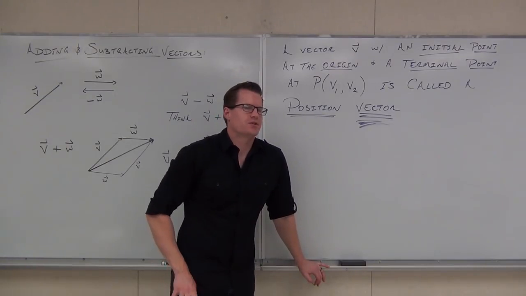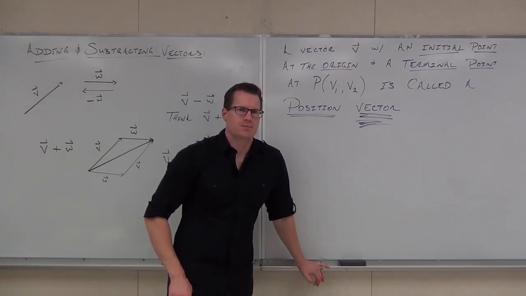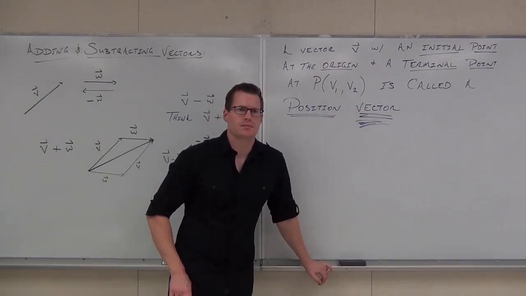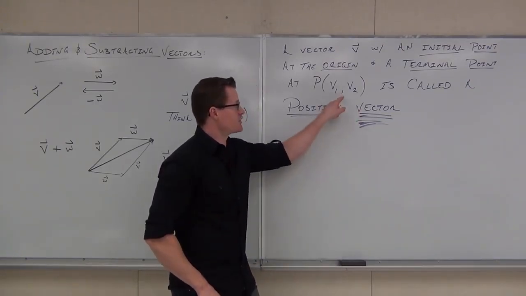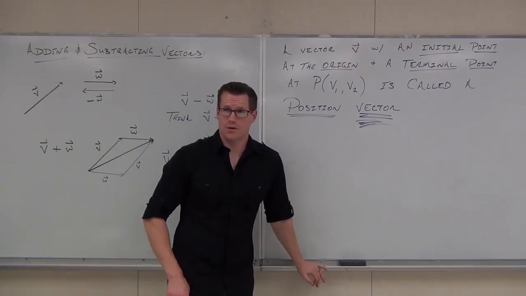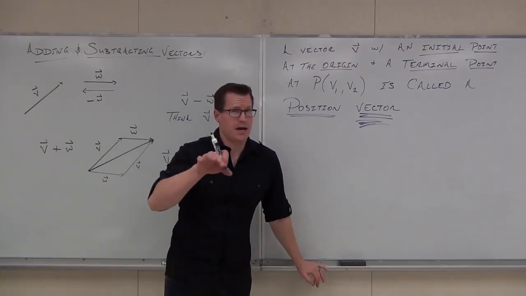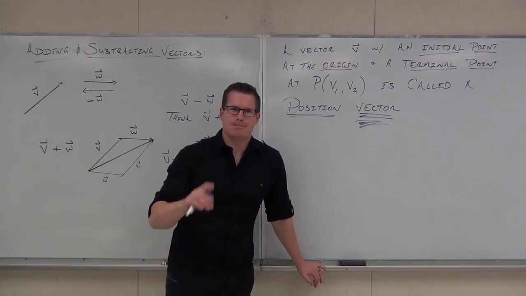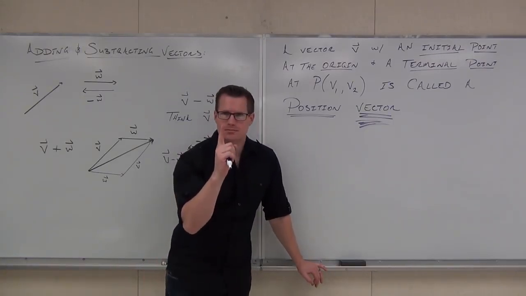Here's a question for you. How many unique vectors could start at the origin and end at that specific point? Have an initial point at the origin and end there. How many? Solamente uno.